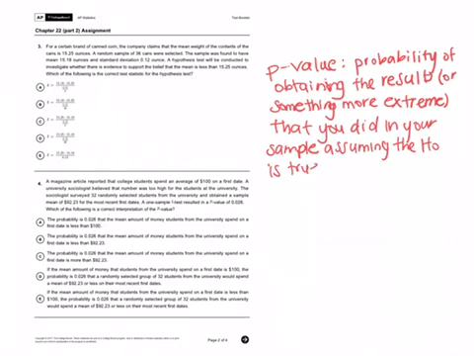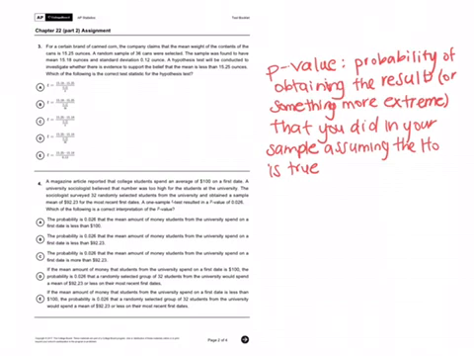So you don't actually know that the null is true, but that's what you're saying with the p-value: if the null was true, what is the probability that I went out and I got my sample and this is what I got?